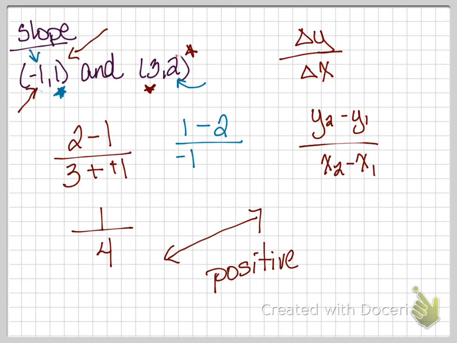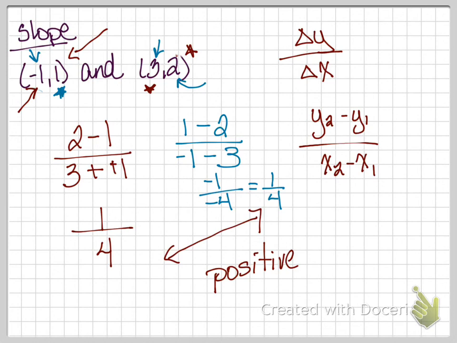So I have -1 minus 3. 1 minus 2 is -1. -1 minus 3 is -4. What does -1 over -4 equal? Positive 1/4. So it does not matter which point you start with, as long as you start with the same point for y and the same point for x. As long as you start in the same point, you're fine.